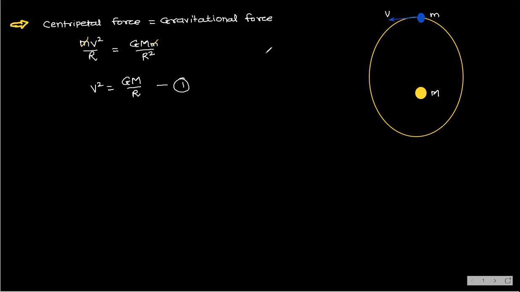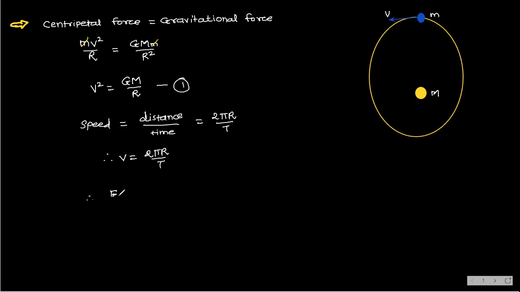Now after this, we know speed is equal to distance by time. Total distance here is 2 pi r divided by capital T, and therefore speed v is equal to 2 pi r by T. This v value I am going to substitute in the above equation.